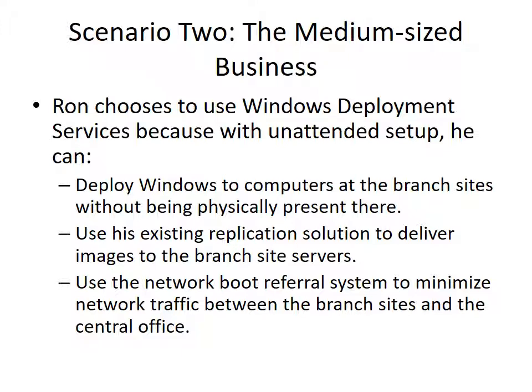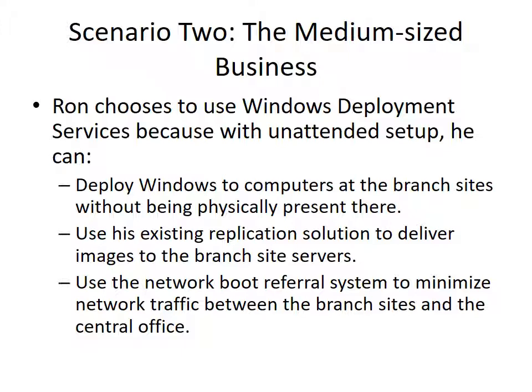He uses his existing replication solutions to deliver the images to the branch site servers. So his server in the main office is set up to replicate the images to the branch site servers. Then he uses the network boot referral system to minimize the network traffic between the branch site and the central office. Oftentimes those WAN links are slow.